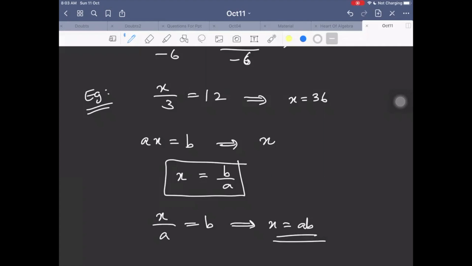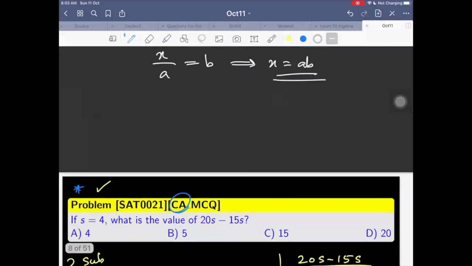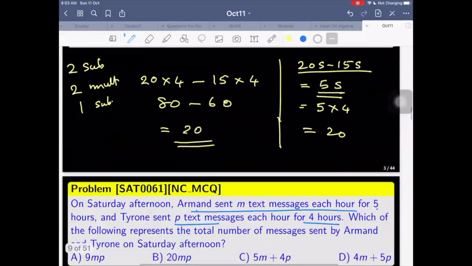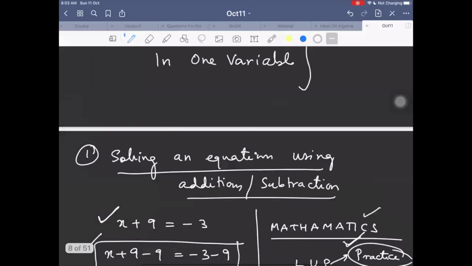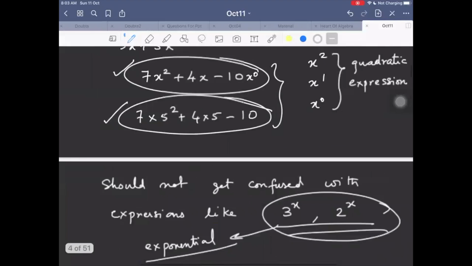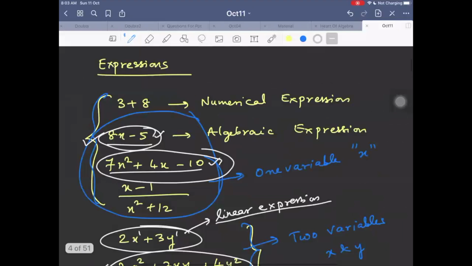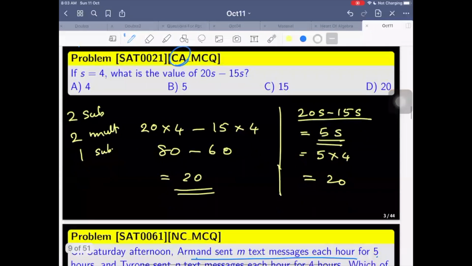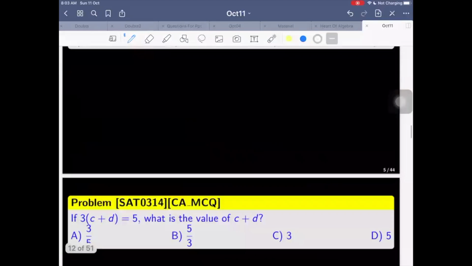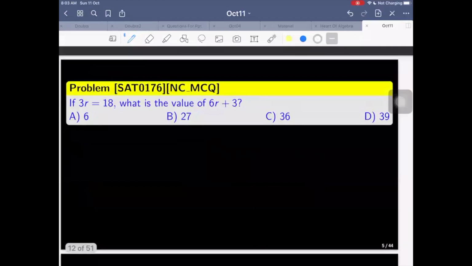Okay. So let's quickly see one actual SAT problem. So this question is a non-calculator question.